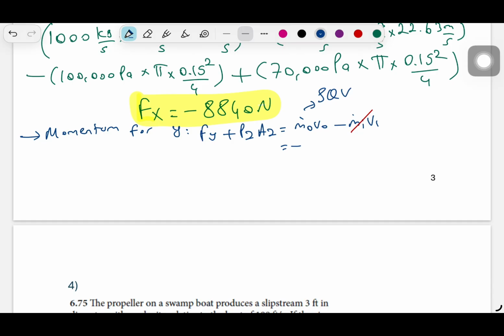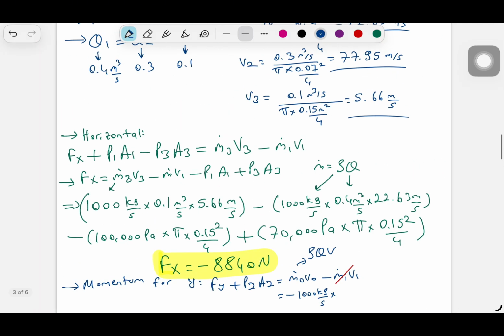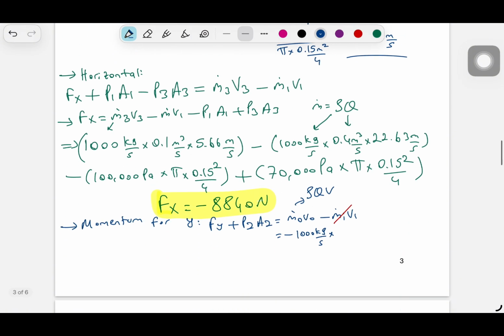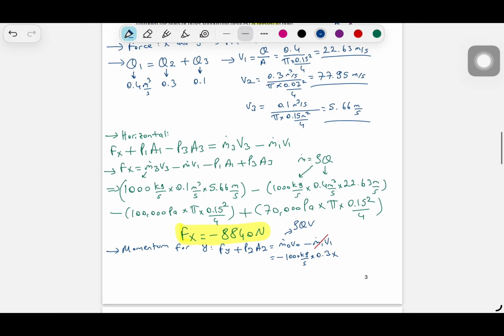We have minus, we have rho as 1,000 kilogram per cubic meter. We have Q, and actually it was given in the question, as 0.3. And the velocity is 77.95.